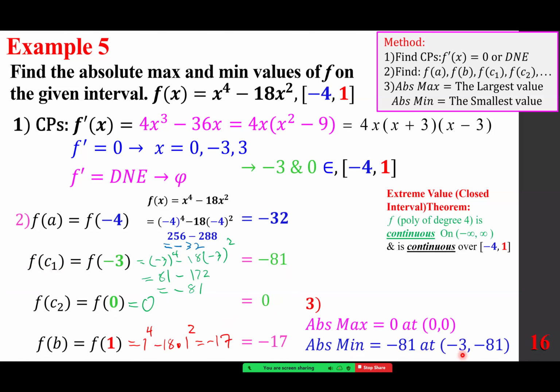Absolute min is minus 81 at minus 3 comma minus 81. So it's pretty straightforward, everybody.